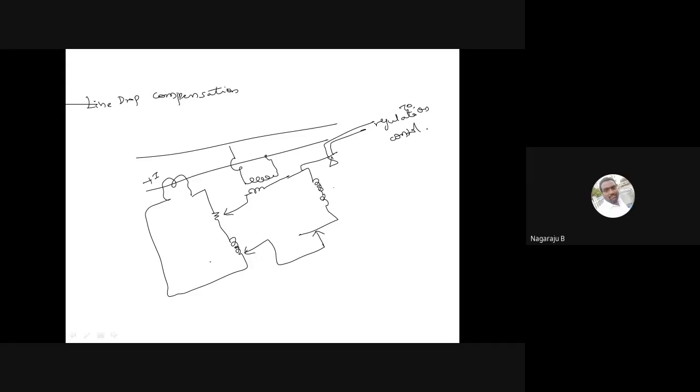This is nothing but a voltage regulating equipment.